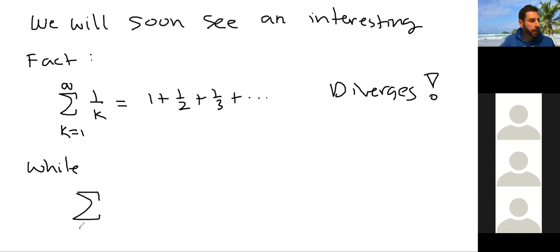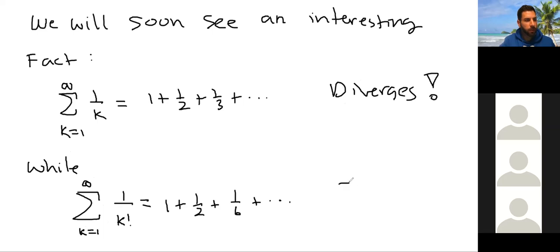While this guy, 1 over k factorial, which was 1 plus 1/2 plus 1/6, this guy converges.